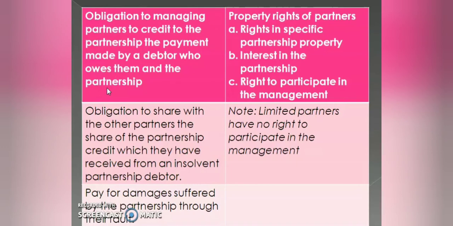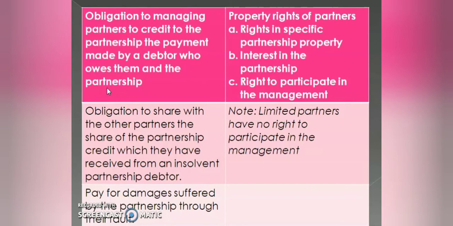So, in such a case, even if B has issued a receipt for his own credit only, the payment made by X will be divided between B and the partnership proportionately. That 2,500 will go to B and that other 2,500 will go to the partnership.